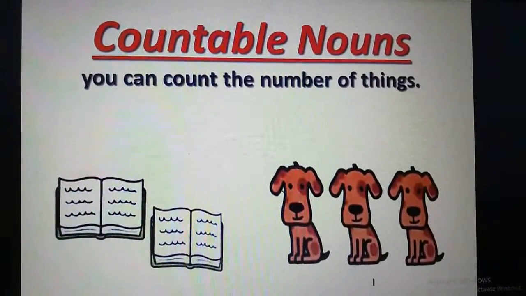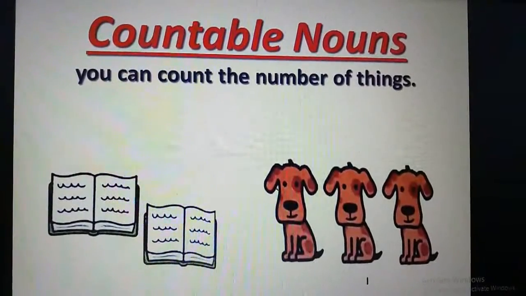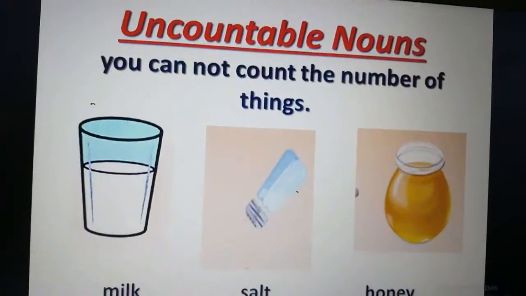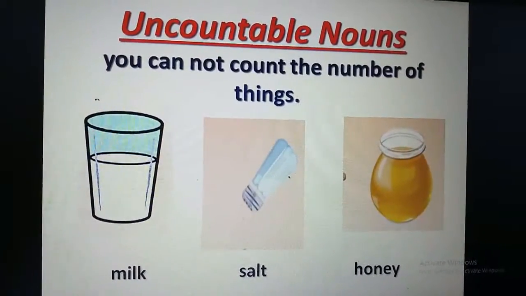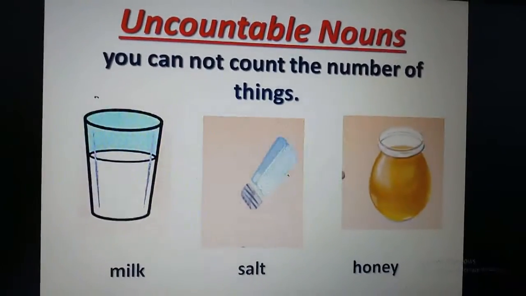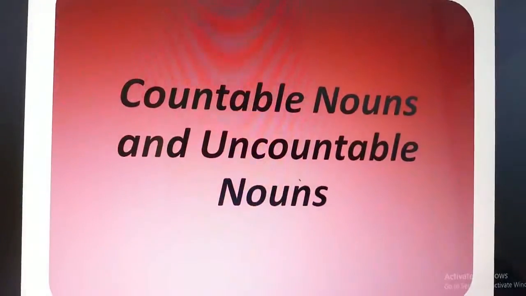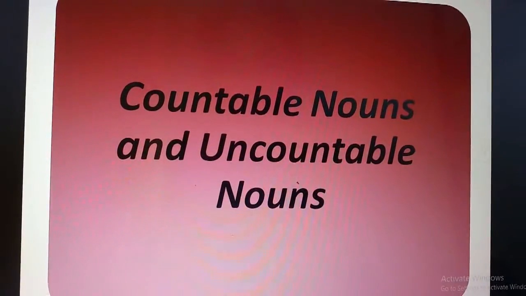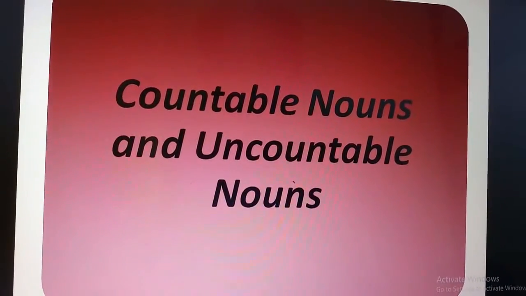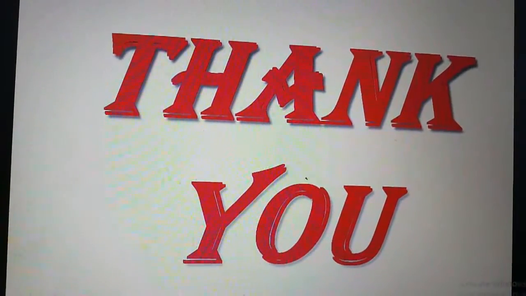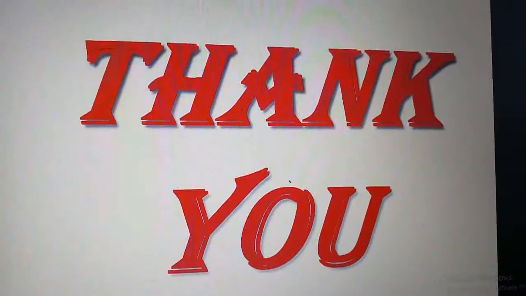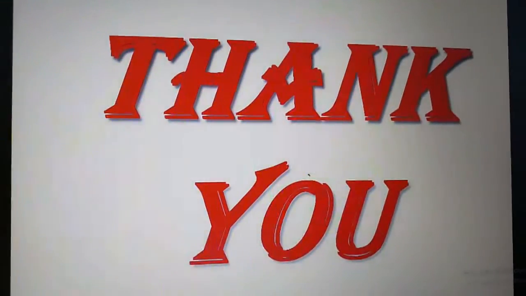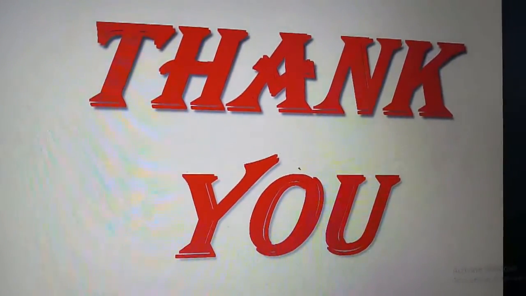So countable nouns, you can count the number of things. And uncountable nouns, you cannot count the number of things. I hope children you have understood what countable nouns and uncountable nouns are.